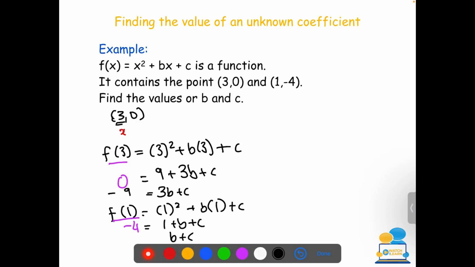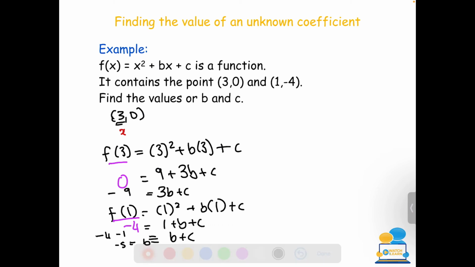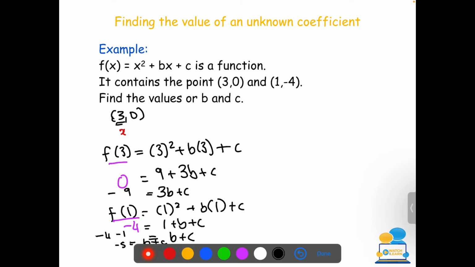So b add c is equal to minus 4 minus 1. So we have minus 5 is equal to b add c. Now we have our two linear equations. We have minus 9 is equal to 3b add c, and minus 5 is equal to b add c.